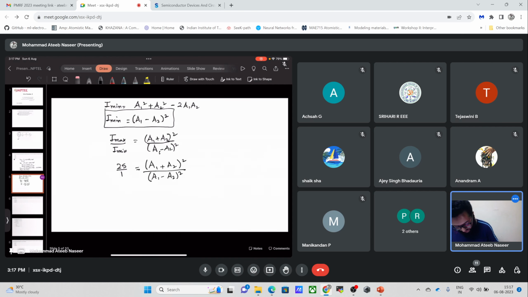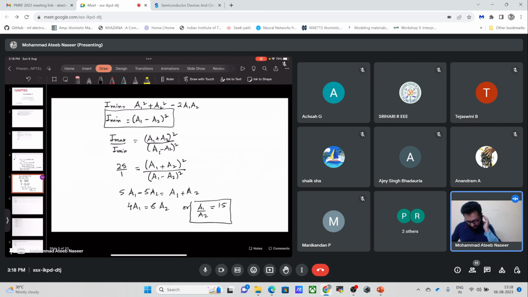So if I take the square root, it will simply be 5 times A1 minus 5 times A2 equal to A1 plus A2, or simply it would be 4 times A1 equal to 6 times A2, or A1 by A2 is equal to 4 by 6, sorry, A1 by A2 is equal to 3 by 2, which is 1.5.